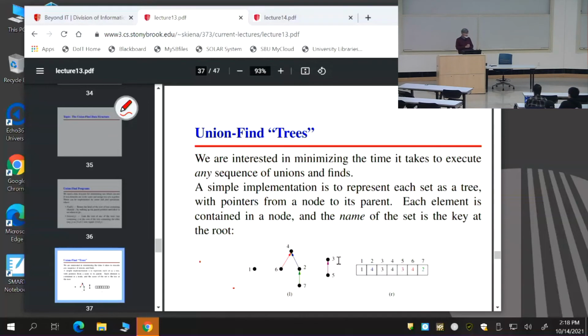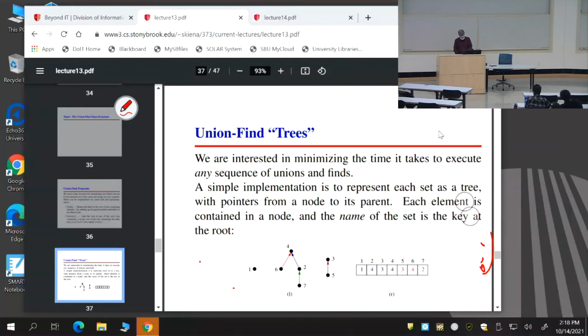Well, it would be log of n if the height of the tree was log n. Does everybody see that it depends upon the height of this tree? If the tree looked like this, goes to that, goes to that, goes to that, the height could be order n, unless I do something to keep it short.